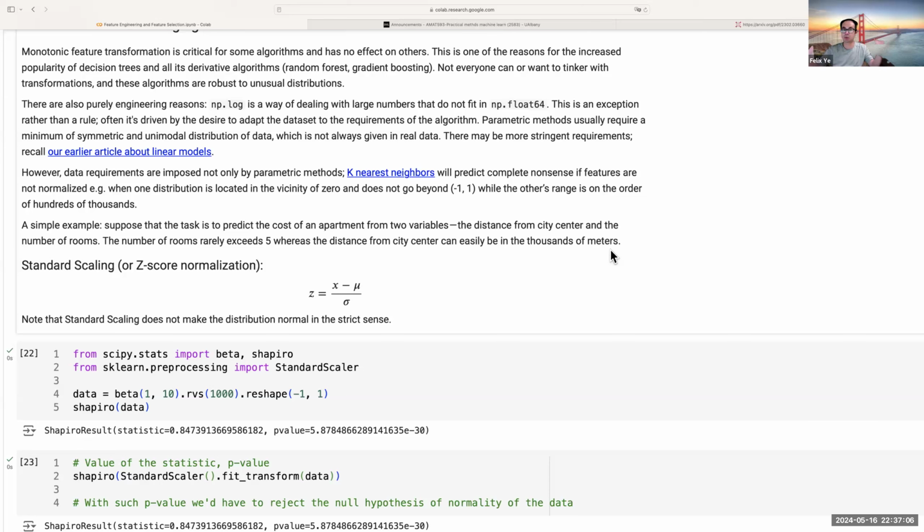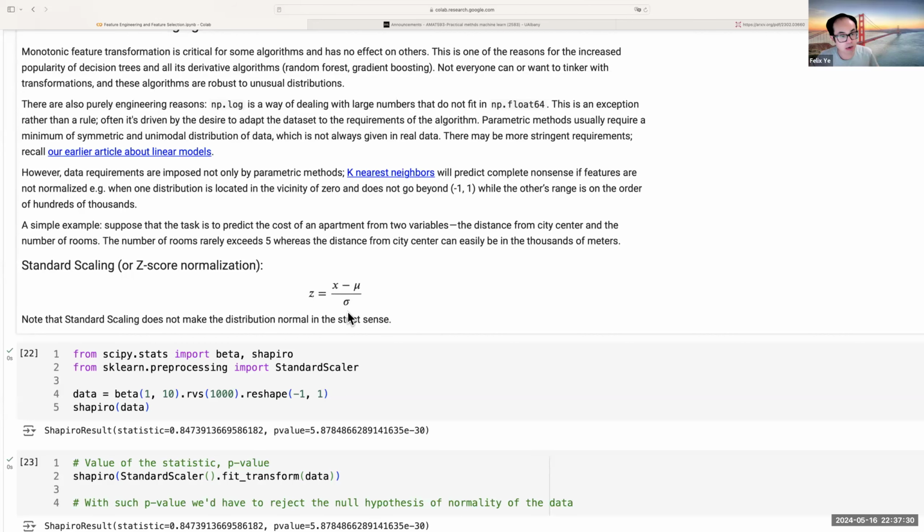So if we use k nearest neighbor on these two features at the same time without any normalization, you are basically getting rid of the number of rooms. That's not the situation that we want to see here.